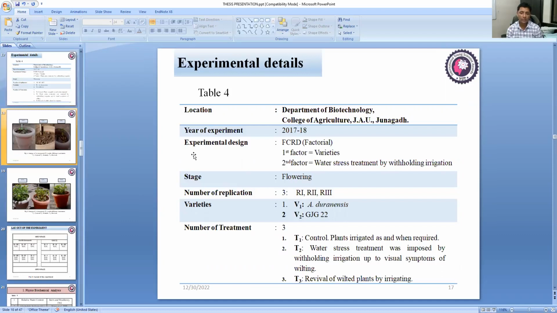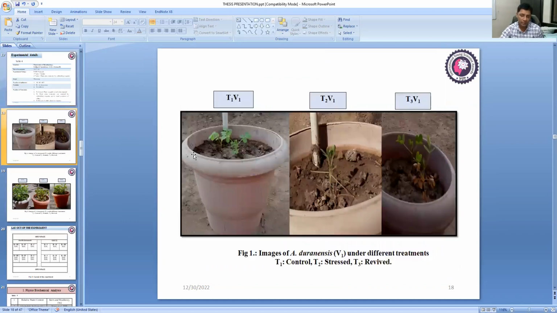As I told you, there are three conditions: the first is the control, another is imposing the drought conditions, and the last, if I'm not wrong, is the well-watered, revived condition.